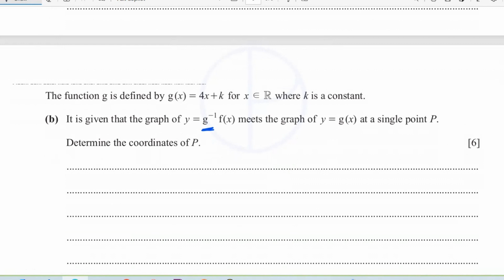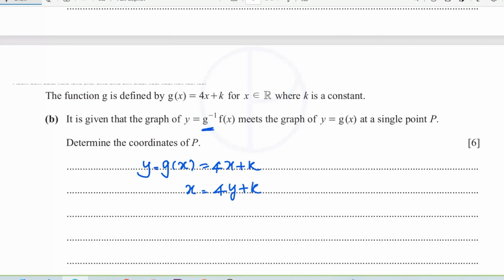So g of x is 4x plus k. Let's take this as y. Now replace x by y and y by x. You get x equal to 4y plus k.